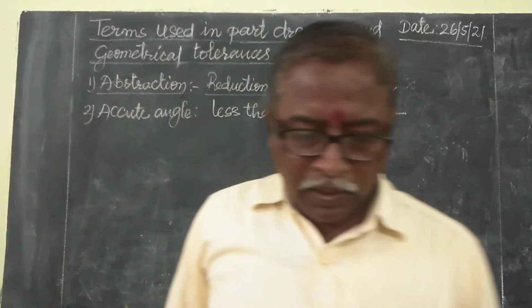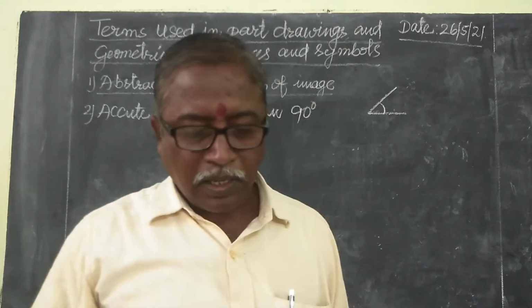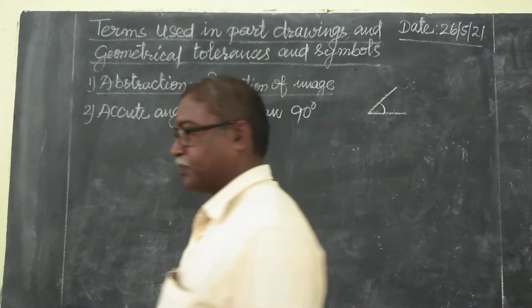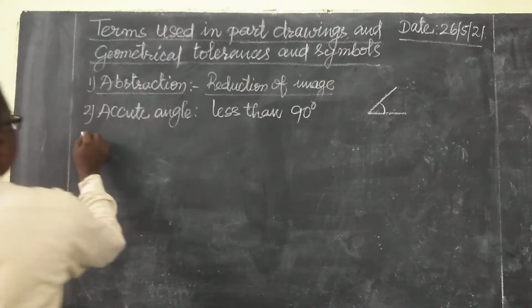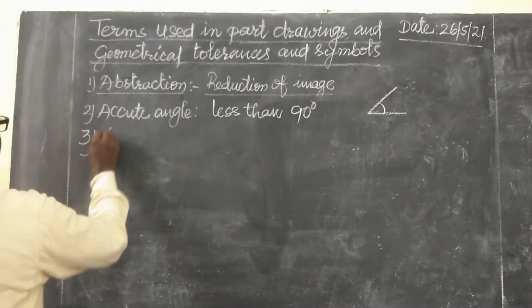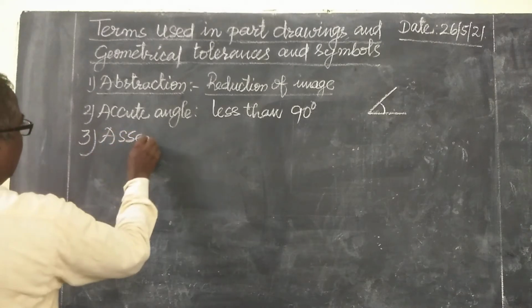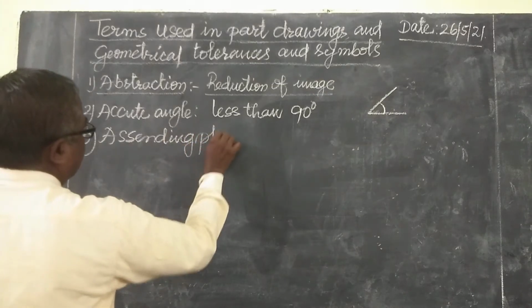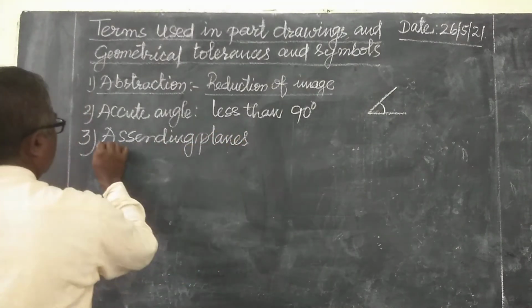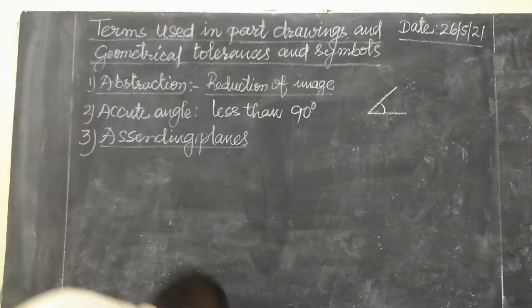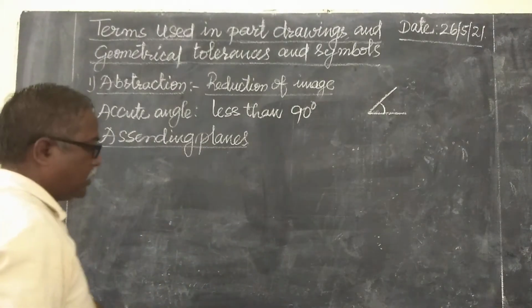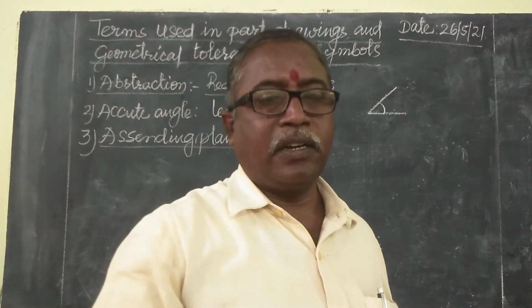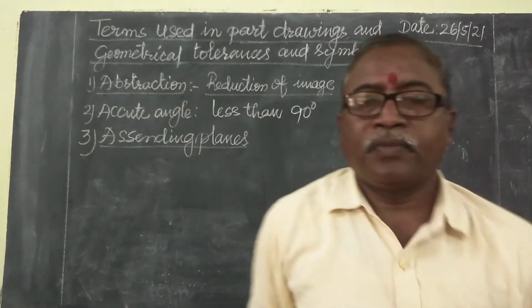Then another one is ascending planes. The third one is ascending planes. You know very well there is ascending order and descending order.